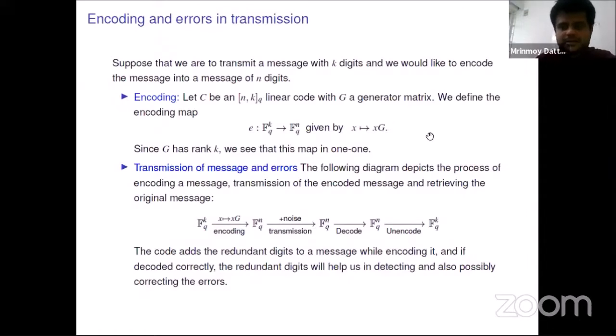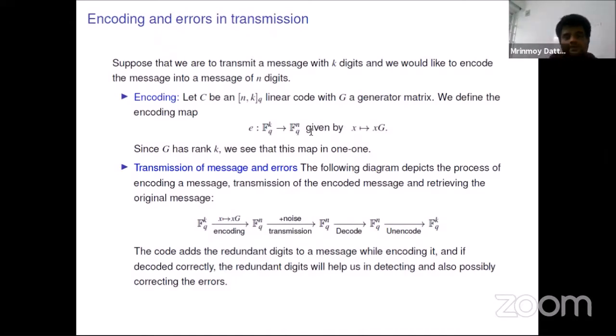So the multiplication is well defined, and you are going to get a row vector, that is, a 1 by n matrix. So you have encoded a k digit message into an n digit message by multiplying the message on the right hand side by the generating matrix that we have fixed to begin with. Now G has rank k, and that ensures that this map is one-to-one.